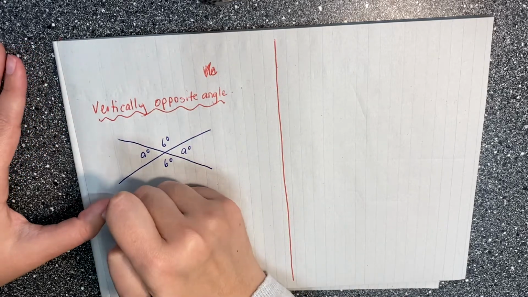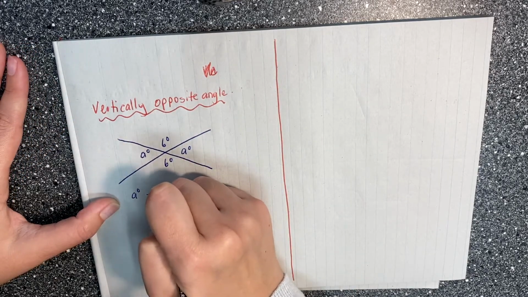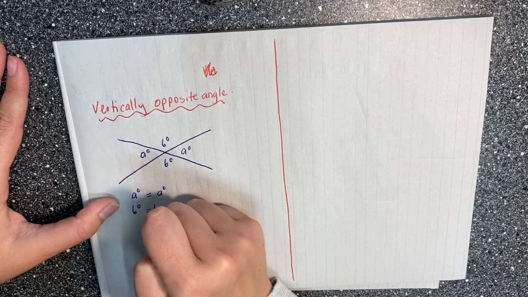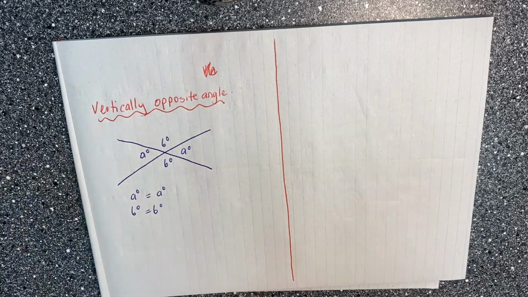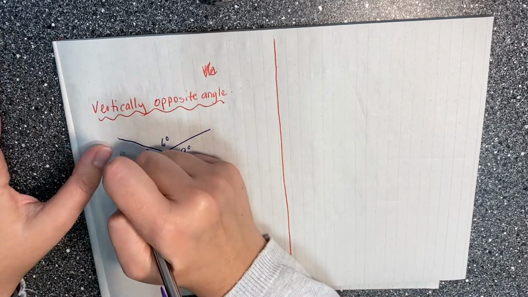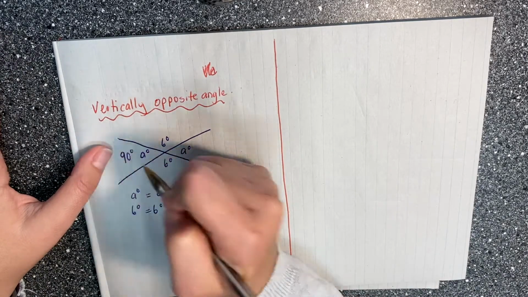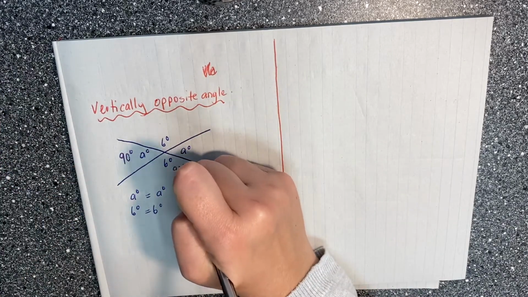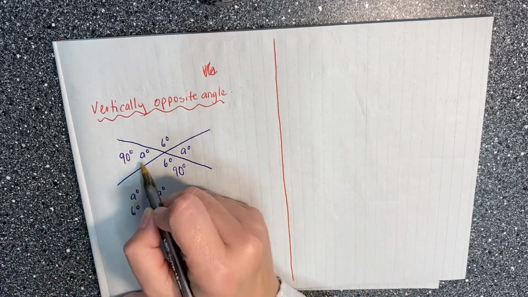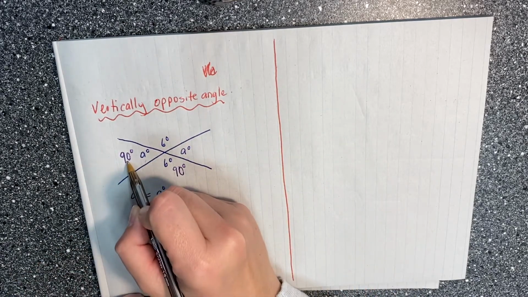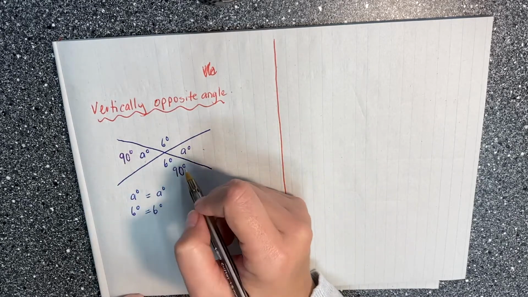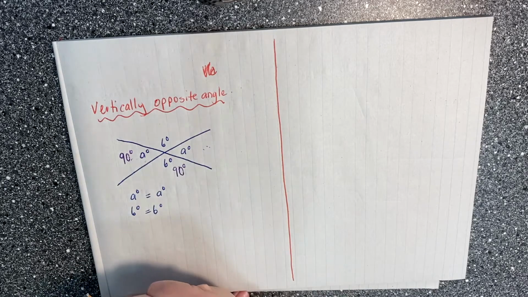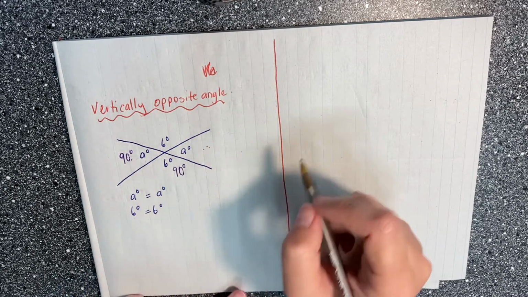So angle A would equal angle A, and angle B would equal angle B. You're probably looking at me going, what does that mean? Let's just say a hypothetical situation. I don't have a protractor on me today, so this is not accurate. What this is saying is that if angle A was 90 degrees, angle A on the opposite side would also equal 90 degrees because it's vertically opposite.